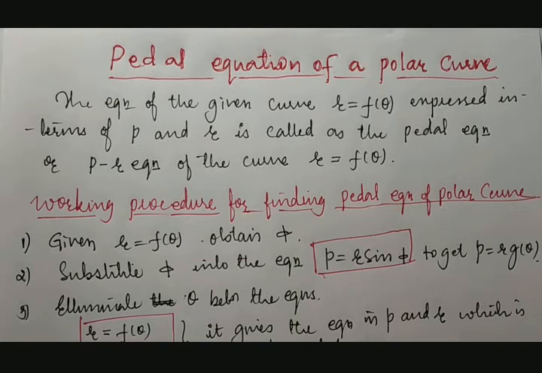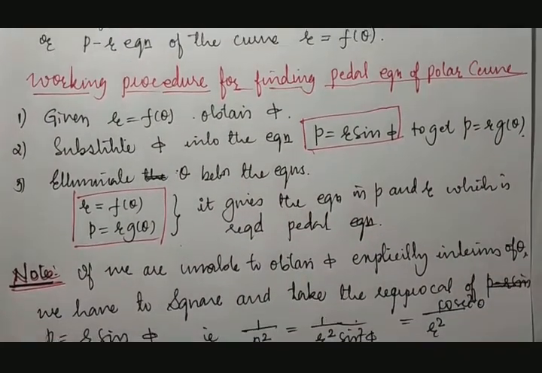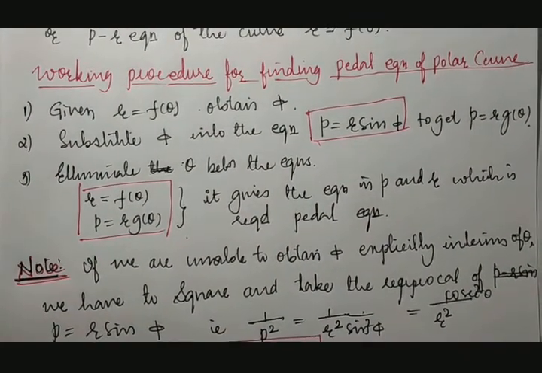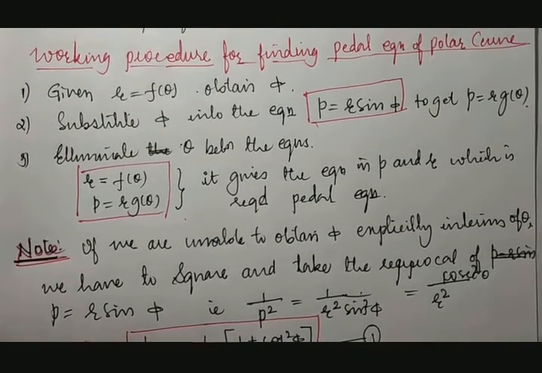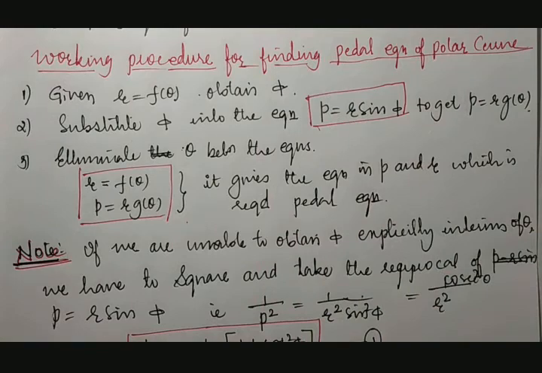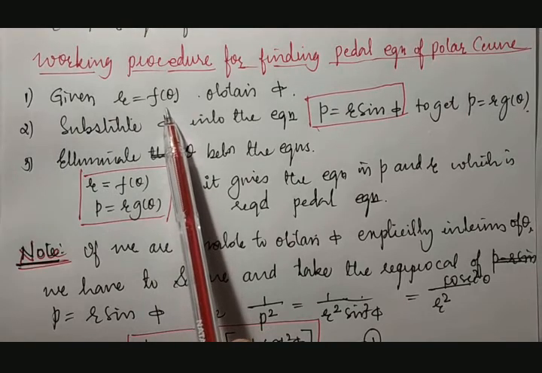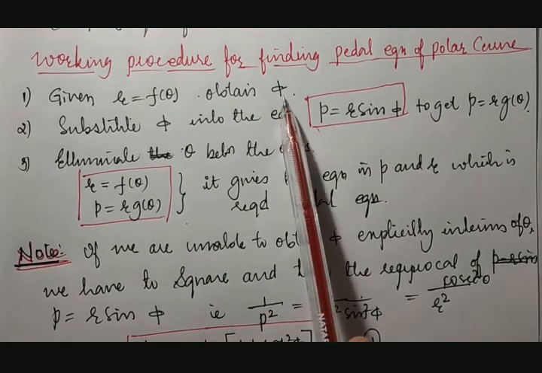Okay. So let us see how working procedure will be considered to solve the examples. Very important one. So working procedure for finding pedal equation of a polar curve. Very first, the given curve has to be taken as r is equal to f of theta. Then we need to obtain a value of psi.